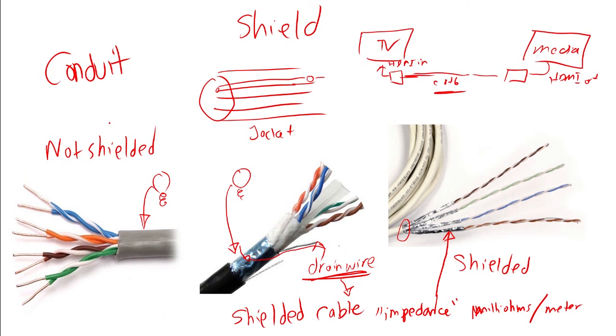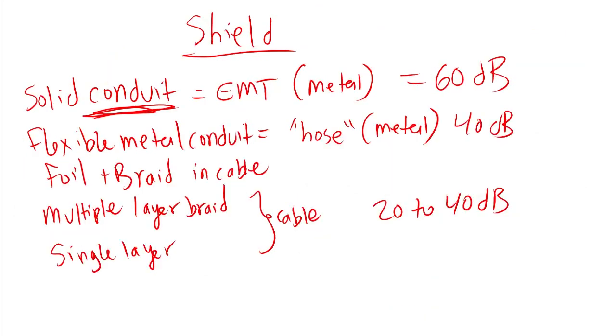So you want to make sure your drain wire is made of solid copper or stranded, but it's got to be copper. And that's where we stop. Any questions?